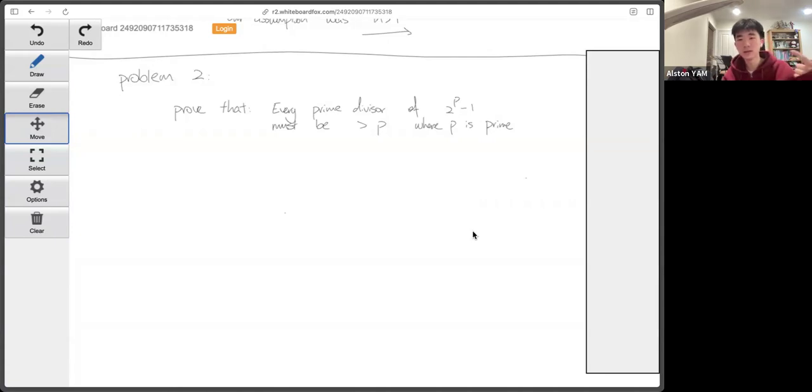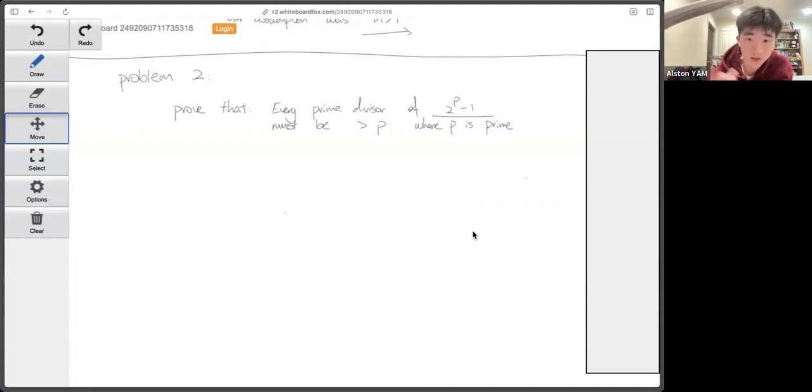You don't see any immediate factorizations of this number. Sure, 2 to the p minus 1 is the sum of all the lower powers of 2, but that's not really useful.